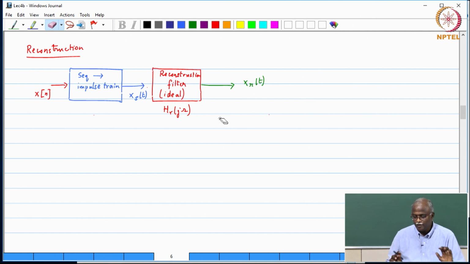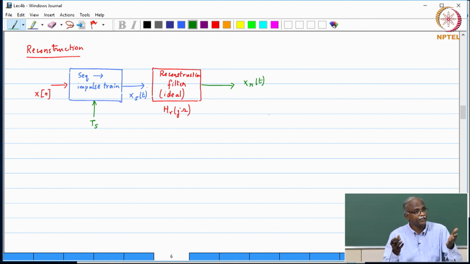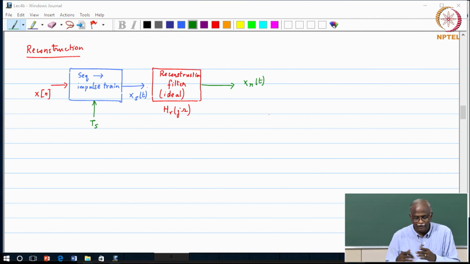The input we need to give is a reference point which tells what is the spacing between samples. So, there is an underlying Ts that needs to be specified when I do the reconstruction, because otherwise these are just samples. I could interpret them as 1 millisecond spacing, or as 100 milliseconds between them. So, we need to specify at what sampling period we are going to do the reconstruction.